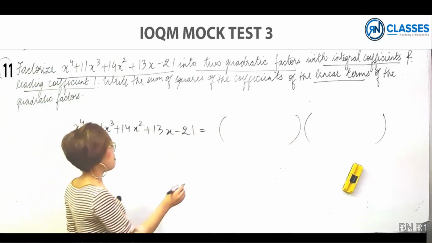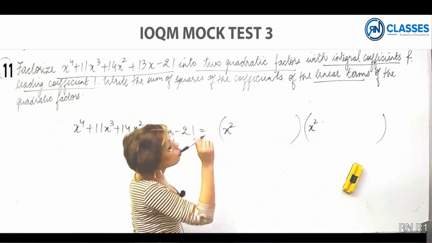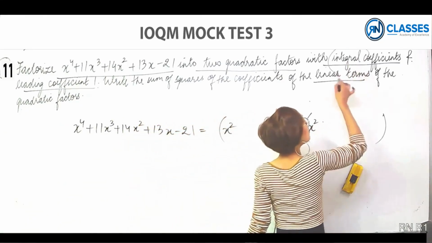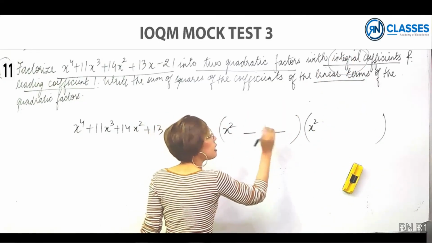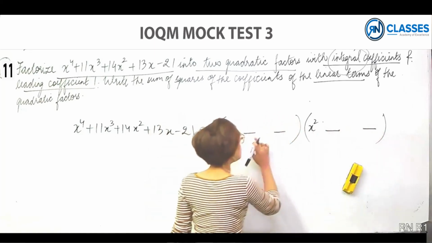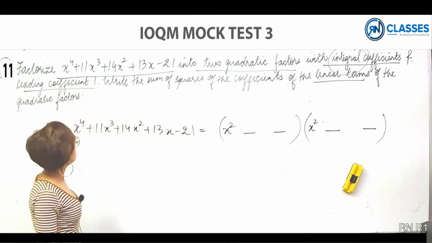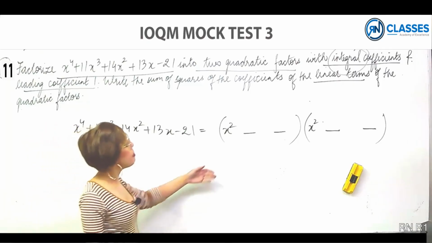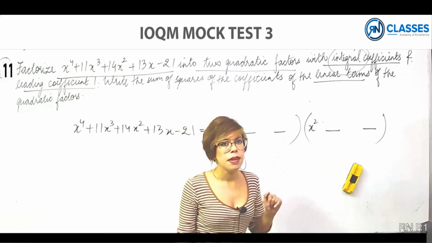Right? So, that means here, if I have x squared, here I will have x squared. Mind that the quadratic factors have integral coefficients. Right? So, whatever the case may be, these coefficients have to be integers. Now you can say, ma'am, write plus ax plus b, then plus cx plus d. Wait a second.